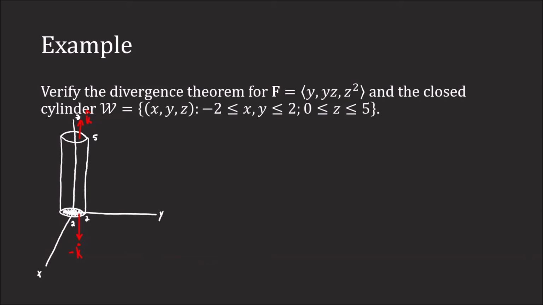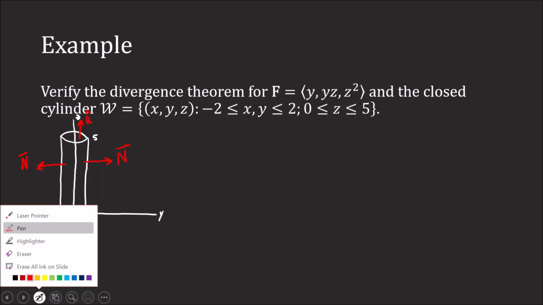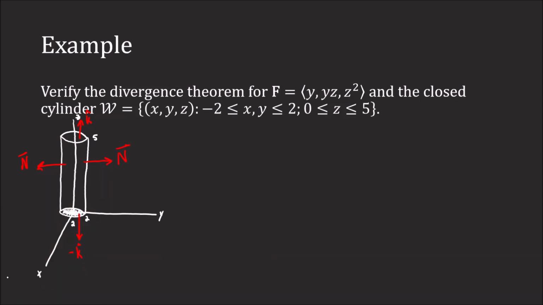And of course, we're going to have normal vectors along the sides like so. Once again, this is going to boil down to evaluating two integrals, the surface integral and the triple integral. Let us begin by evaluating the surface integral.